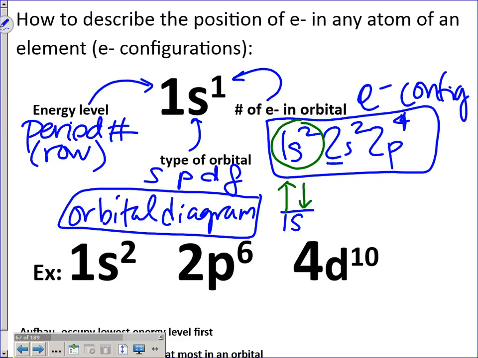Then I have the second energy level to work with, but I have to draw the orbitals separately. I label it 2s. How many electrons are in 2s? Up and down, 2 electrons. Then, here's where it gets funky. How many orbitals are in the p sublevel? 3.